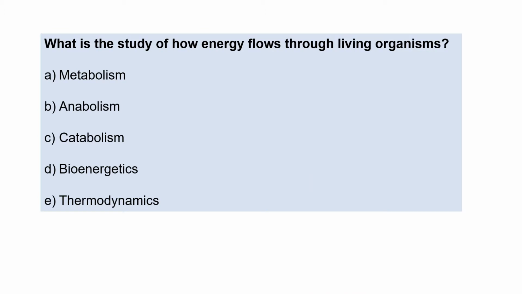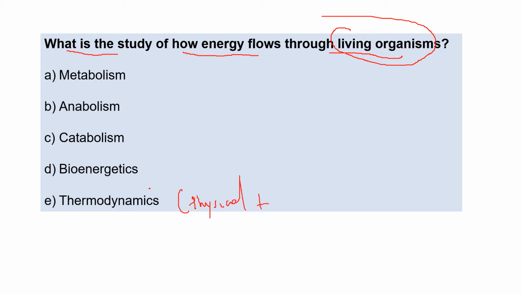Okay, this one is a question where you can start discarding or rejecting the wrong answers. And here you have to read the statement very well. So what is the study of energetic flows through living organisms? When they talk about living organisms, thermodynamics studies physical systems plus biological plus chemical plus all the systems.